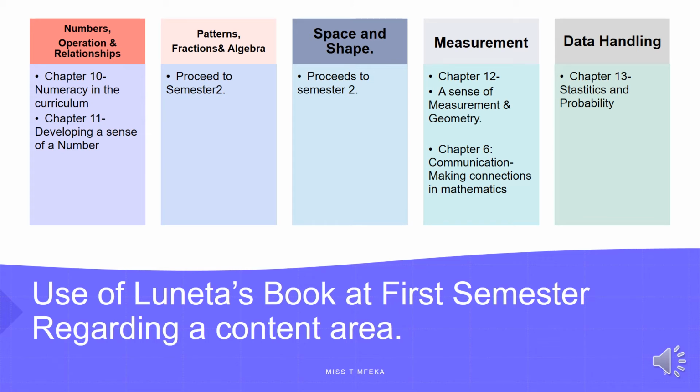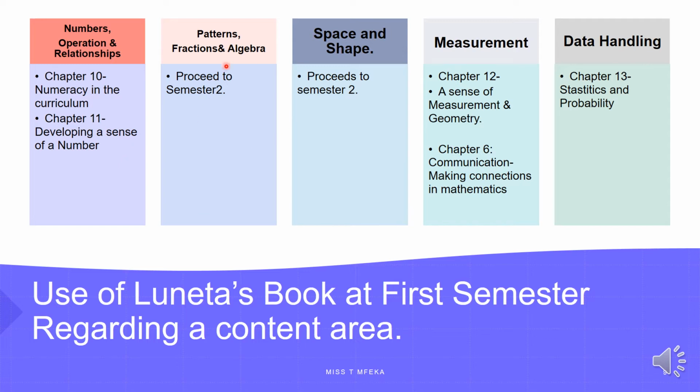So we are going to look at how Luneta's textbook at first semester goes along with the content areas presented in CAPS. The first one would be numbers, operations, and relationships. Luneta will teach you chapter 10, how numeracy in the curriculum goes along well. In chapter 11, they will develop your sense of numbers.